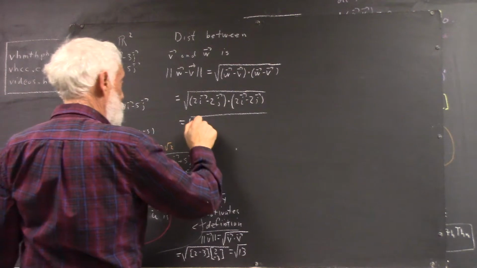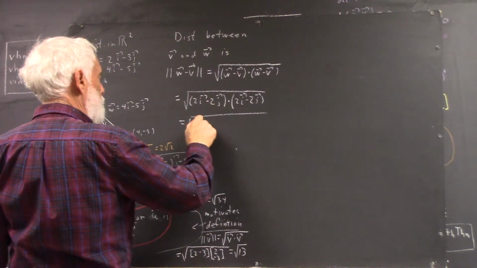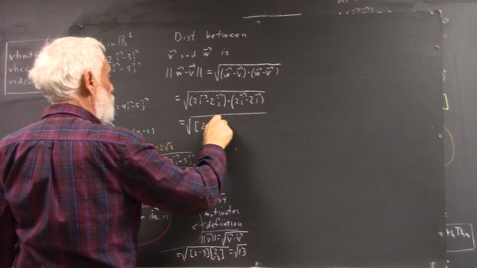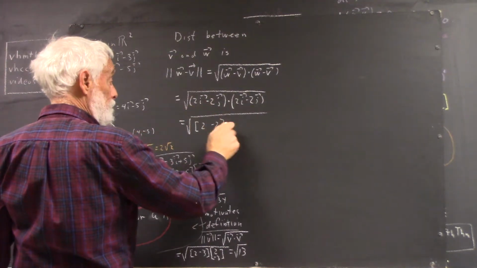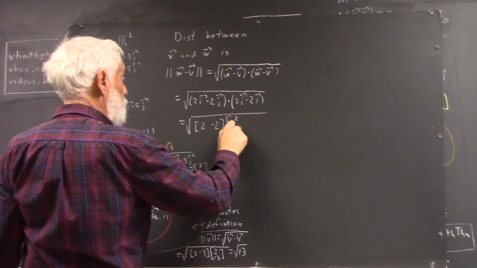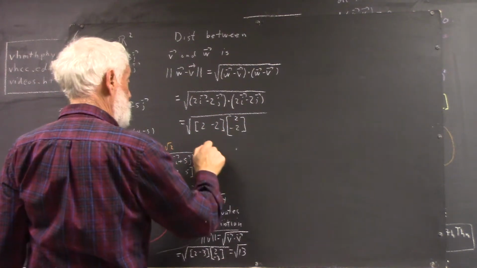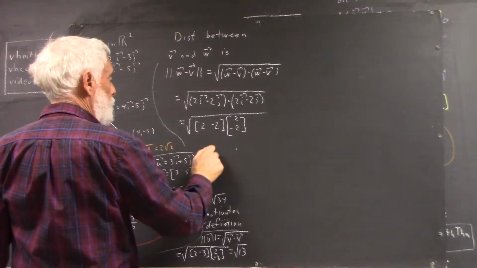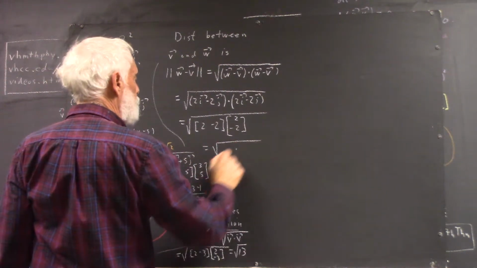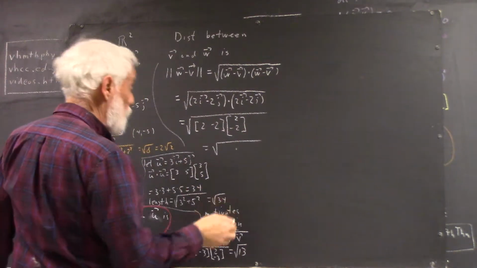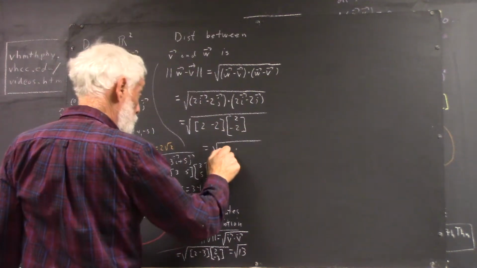Using the row column thing again, it's a 2, negative 2 row vector and a 2, negative 2 column vector. And this equals the square root of, well, 2 times 2 is 4, and negative 2 times negative 2 is 4.